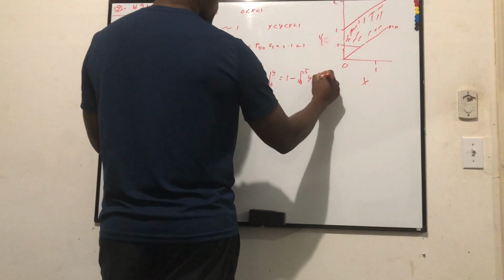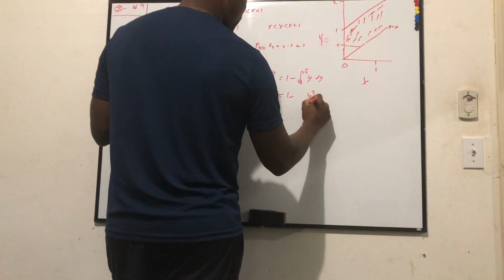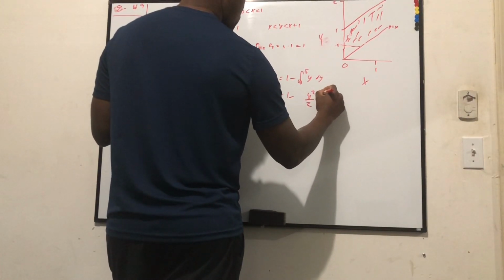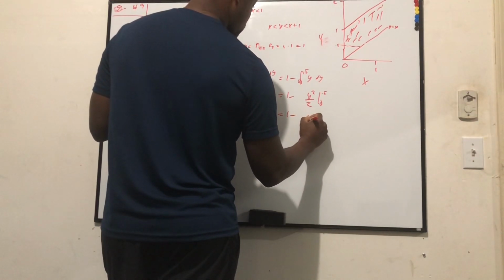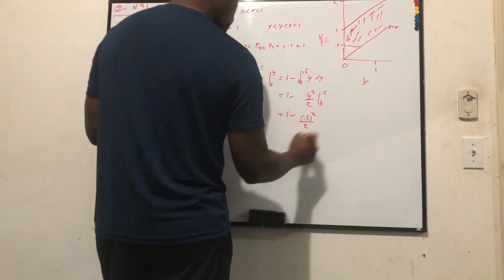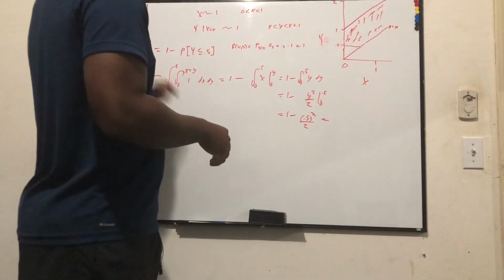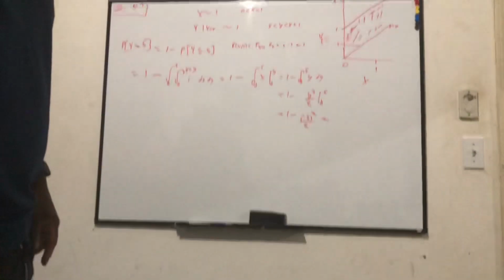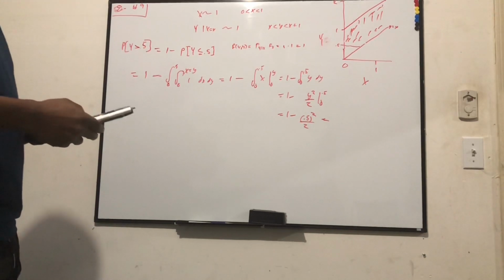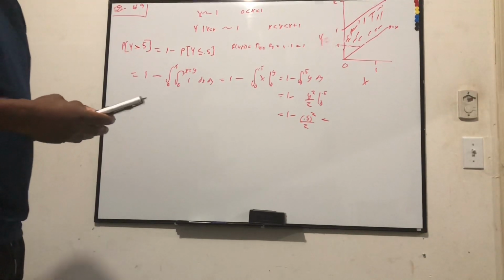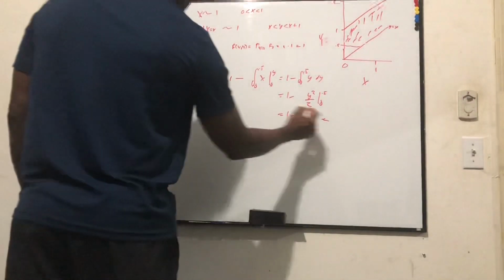This will be y dy, and then we integrate that, which is 0.5 squared over 2. And whatever that number is will be the probability of this being greater than that. And that will be the answer. I got 7/8. Problem looked like 7/8.